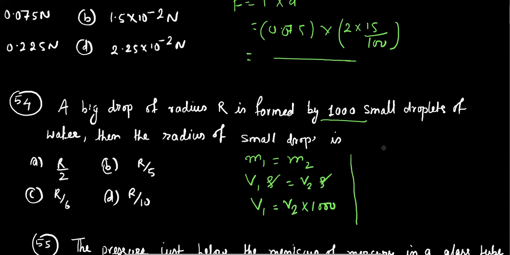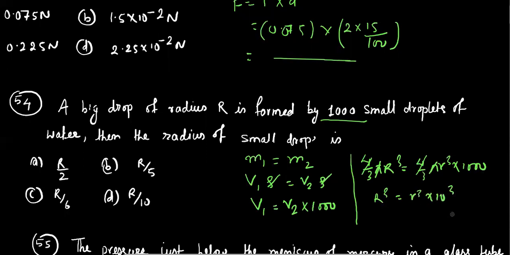For V1 we can easily write 4 by 3 pi capital R cubed, and for V2, 4 by 3 pi small r cubed times 1000. These all will cancel out, and it will be R cubed equals 1000 r cubed, and 1000 is 10 cubed, so r will be equal to R by 10. So our correct option is option D.